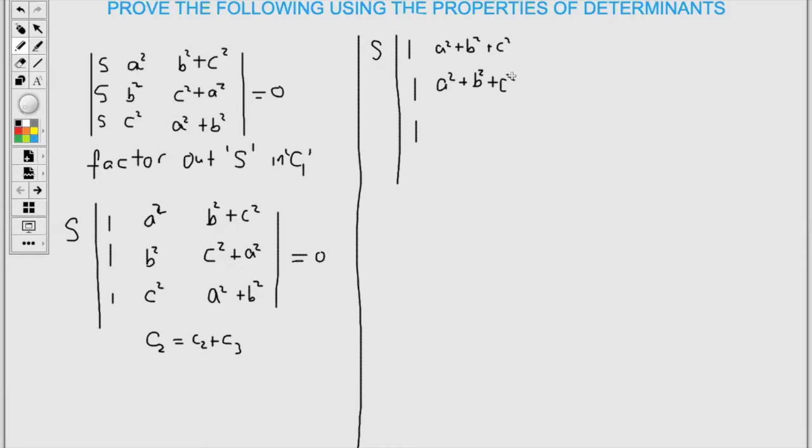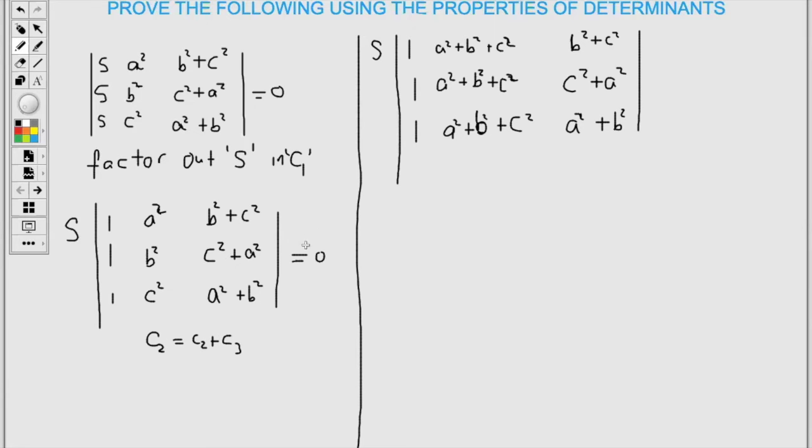Same case here, I'm going to add c squared plus a squared plus b squared, just writing in the order. So I have a squared plus b squared plus c squared. Then the last column remains as is.